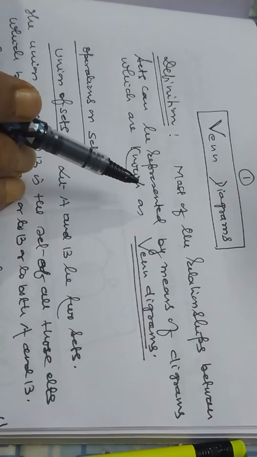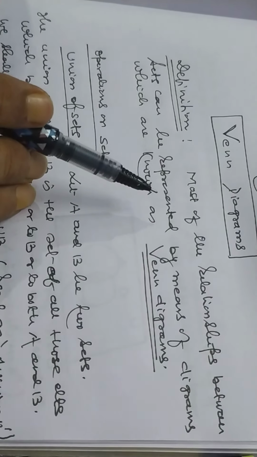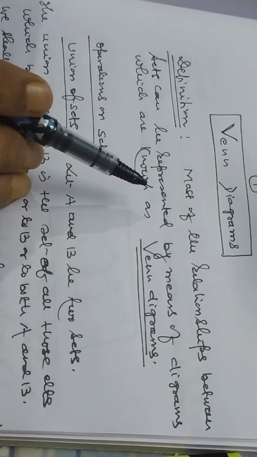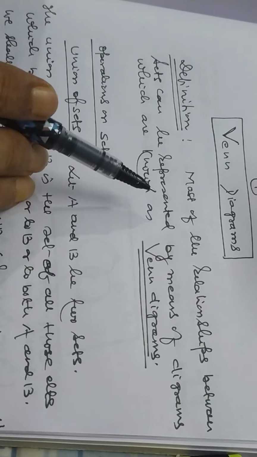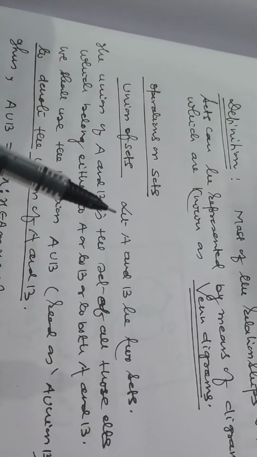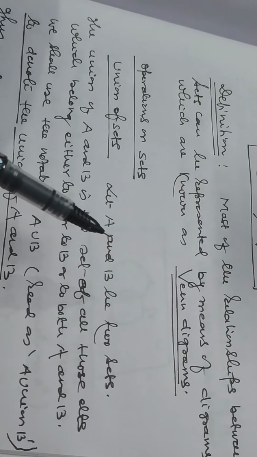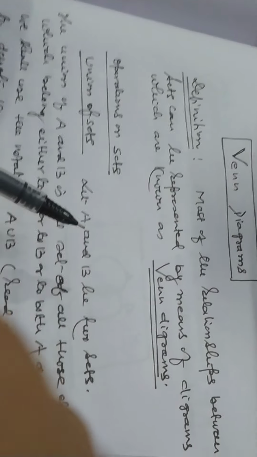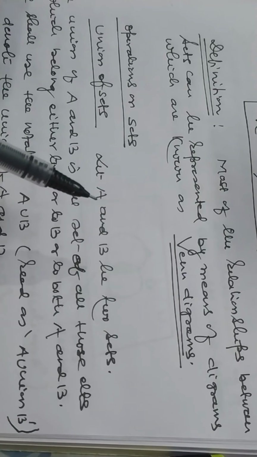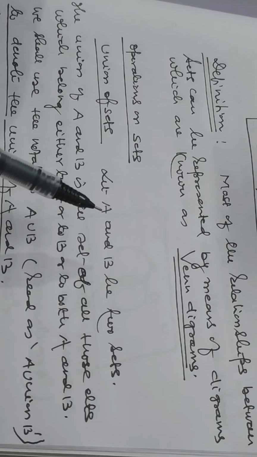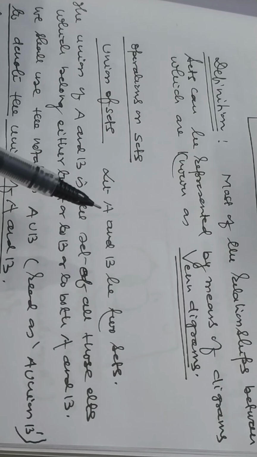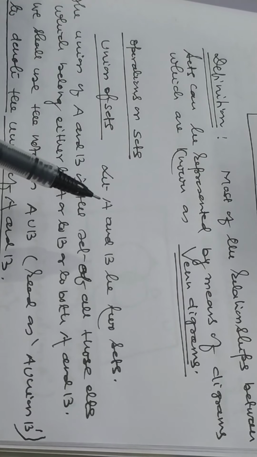My dear students, now I want to discuss the Venn diagram. The Venn diagram is the pictorial representation of sets. So, this is the pictorial relation between the sets.